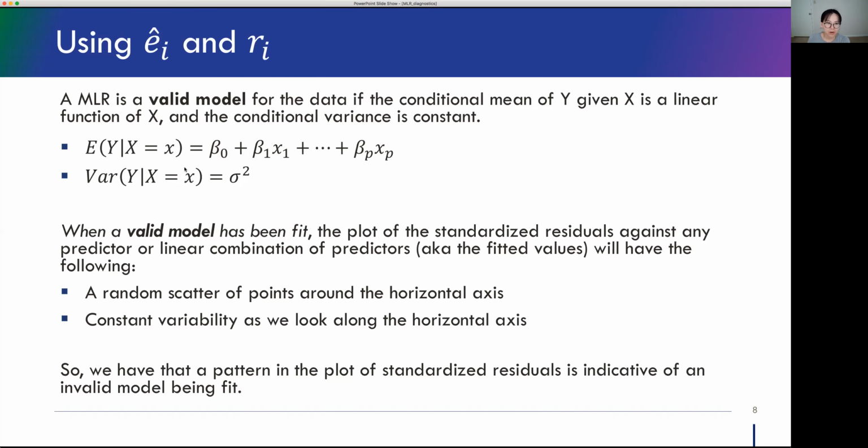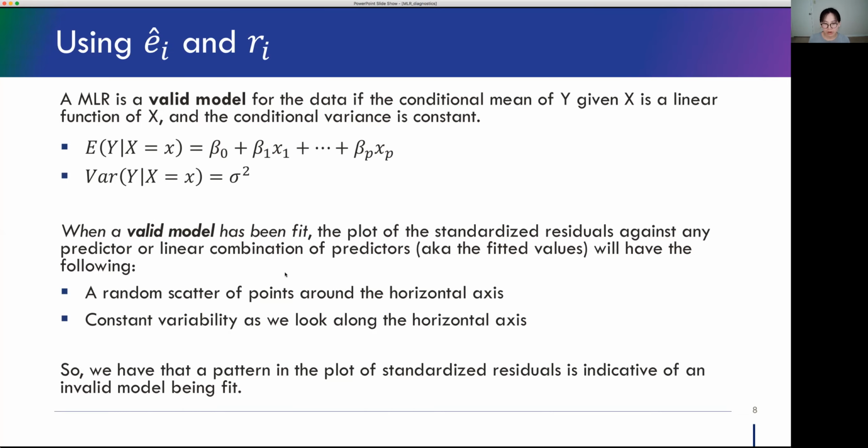Multiple linear regression is a valid model for the data if two conditions are met. In the text, the conditional mean of y given x is a linear function of x, and the conditional variance is constant. We say this model is a valid model if these two conditions are met.